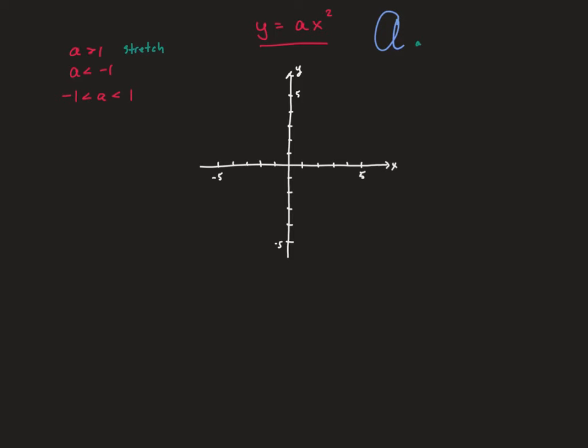When a is less than 1, that is going to be a vertical shrink, so we'll call it a shrink. And when a is less than 0, it is flipped. When a is less than 1 but greater than negative 1, this is when you have a shrink.